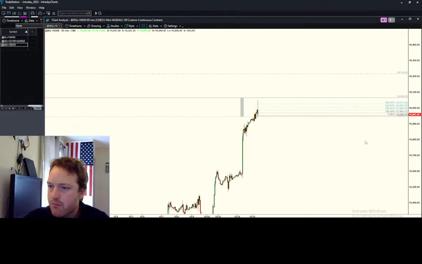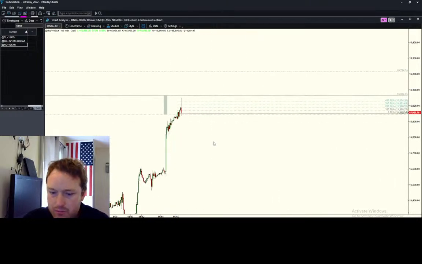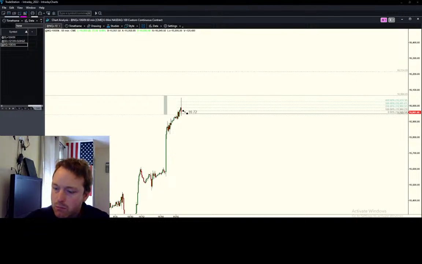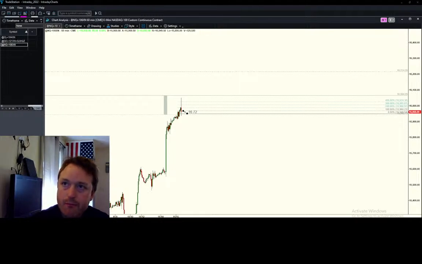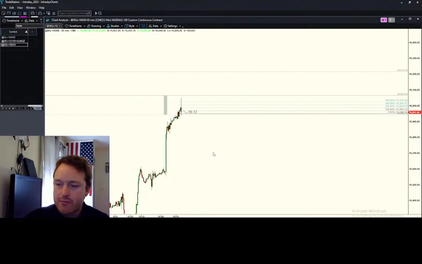Because look at that. Yeah, that's not put in correctly, man. Anyways. We risked way too much on that. I do think it can go higher, but I don't care. I want to restart.